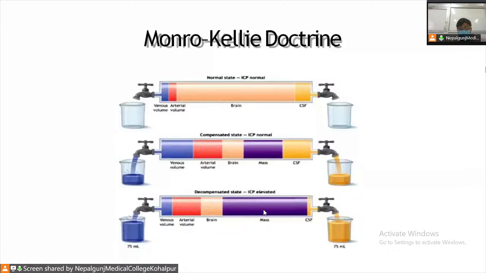In the decompensated stage, the mass gradually increases, so it compromises venous blood, the brain, and CSF, but arterial flow is minimally compromised. The main thing compromised here is the brain parenchyma, so there is damage to the brain parenchyma due to pressure.